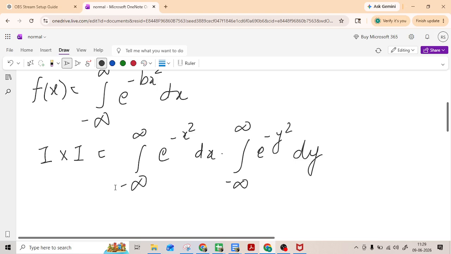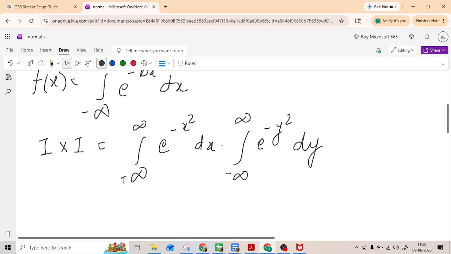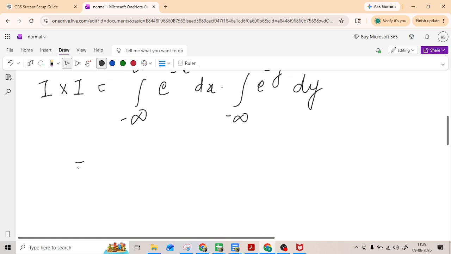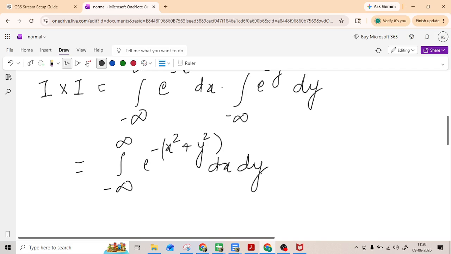Because then it would be e to the minus x raised to the power 4, sorry, minus 2x square, which doesn't make sense. So we want these two variables to be different, and I'll also explain the reason why. If you do this, it becomes e raised to the power minus (x square plus y square) dx dy.